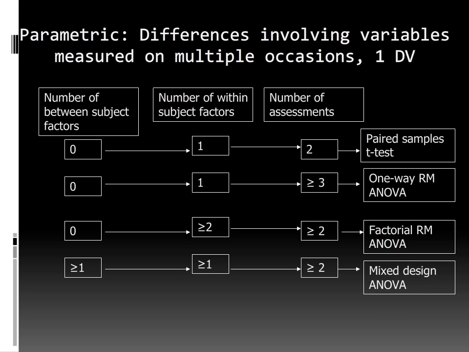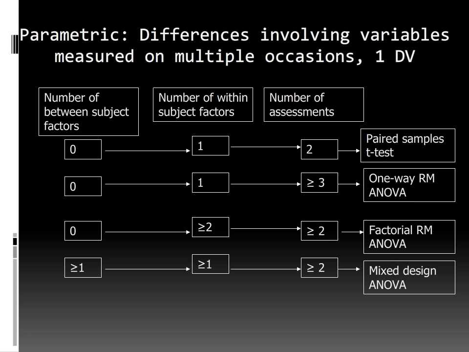If you have 1 or more between subject factors, and 1 or more within subject factor that is measured on 2 or more occasions, it is most appropriate to use a mixed design ANOVA for your analyses. The design of a mixed design ANOVA is a combination of a between and within subject ANOVA.